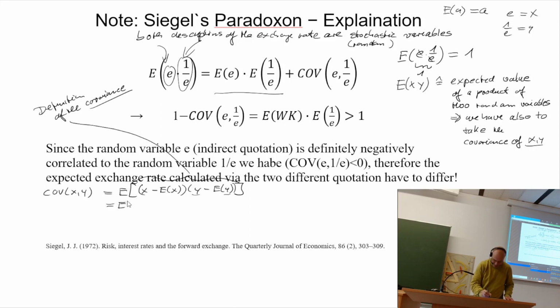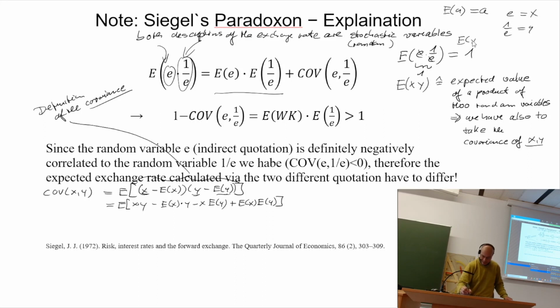Okay, and if we just multiply here, then we have x times y minus E of x times y minus x times E of y, minus minus is plus E of x times E of y. And then remember, the expected value is a linear operator.